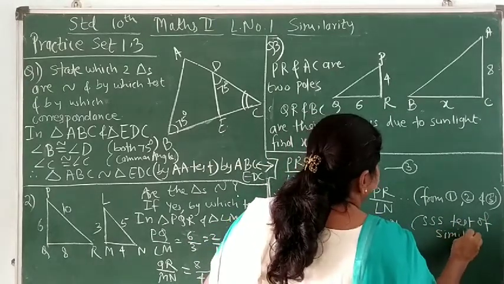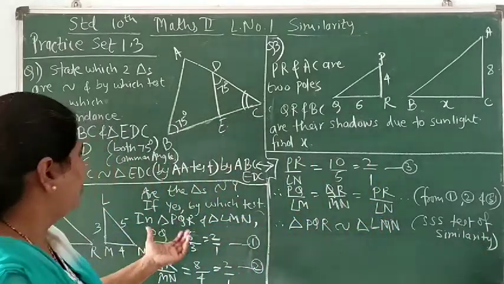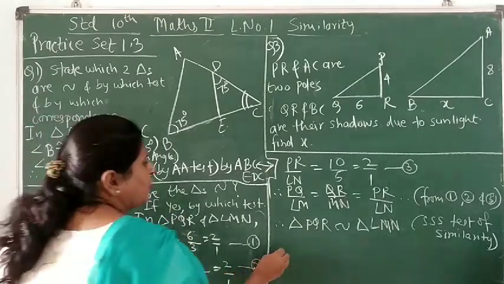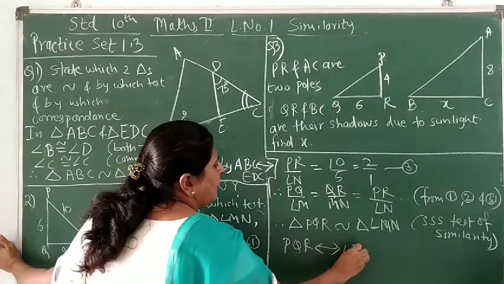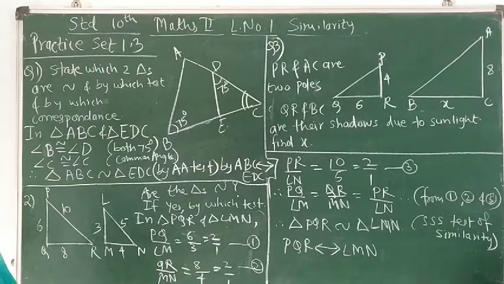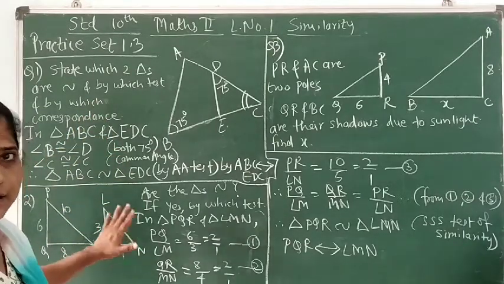That is the test. The correspondence is not asked here, but still, PQR corresponds to LMN. So this is the answer to question number 2. Here we have used the AA test, and here we have used the SSS test.